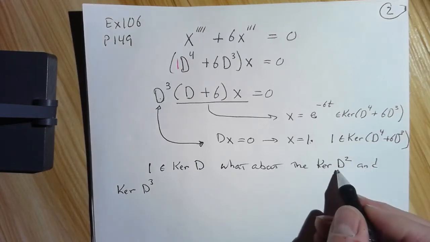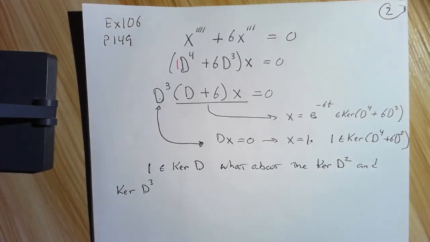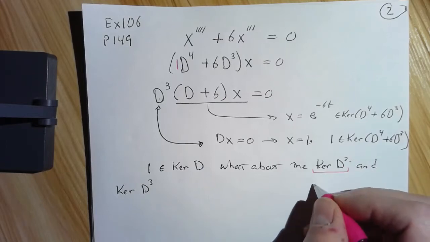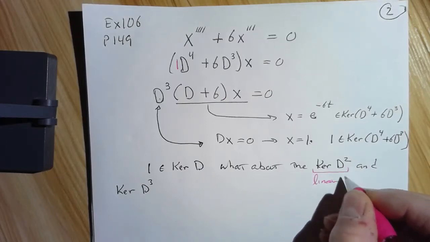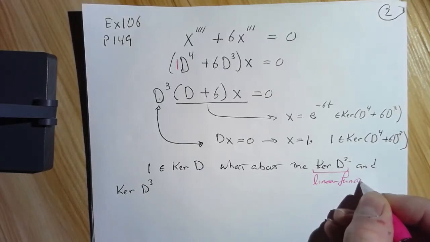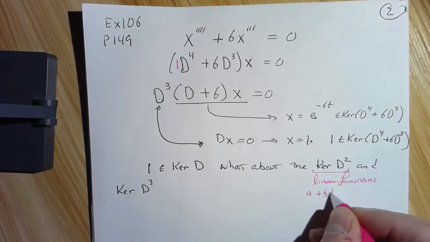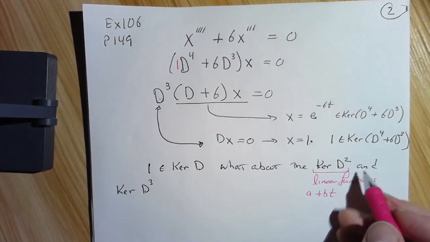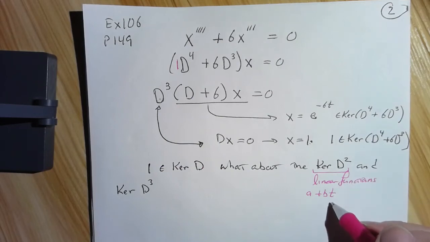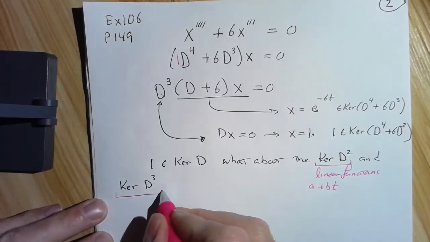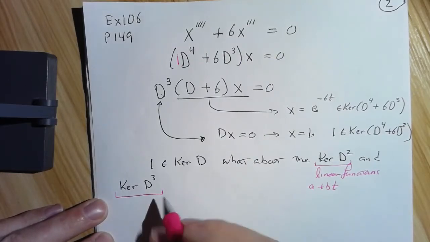Well, what's in the kernel of D squared? These are linear functions, a + bt. The second derivative of any line is 0. Lines have no concavity. What's in the kernel of D cubed?